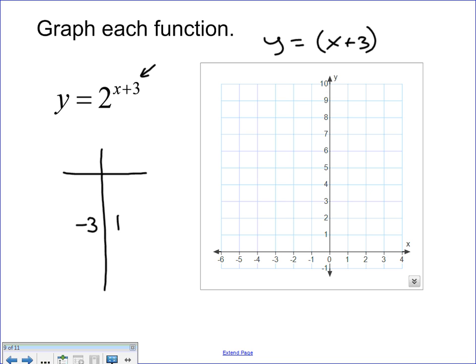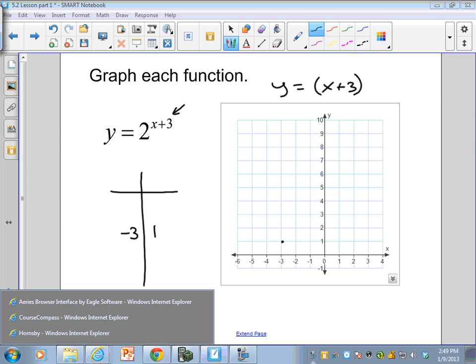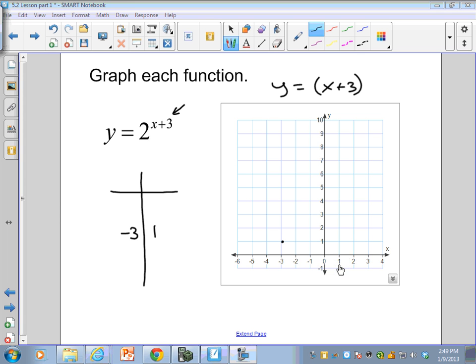So at negative 3, I'm going to have the value be 1. Okay, so negative 3 is 1.